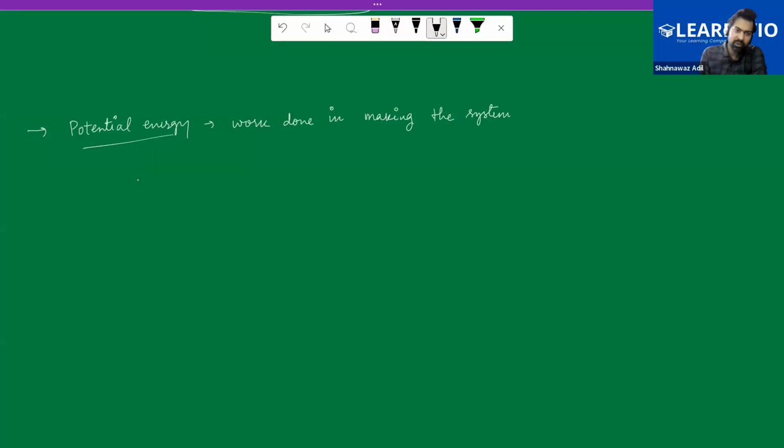And for two charges, right? So let's say we have Q1 and Q2 charge, and they are separated by R. So potential energy is simply K Q1 Q2 by R. This is the potential energy, right?